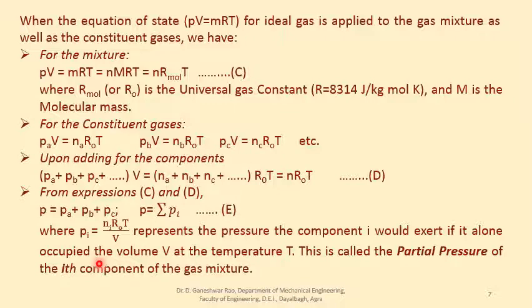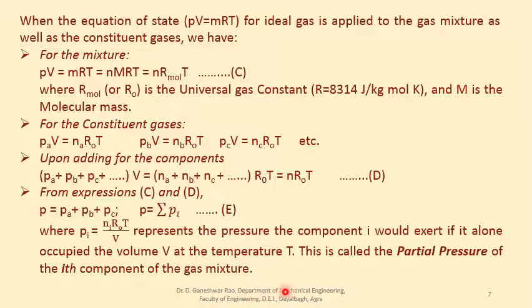So you can say that Pi is equal to Ni R0T upon V. This represents the pressure of the component i that it would exert if it acts alone, occupying volume V at temperature T, right? So this is called the partial pressure of the ith component of the gas mixture.